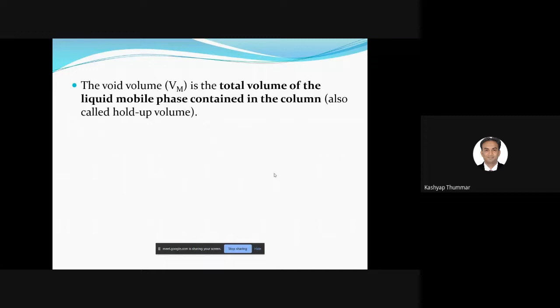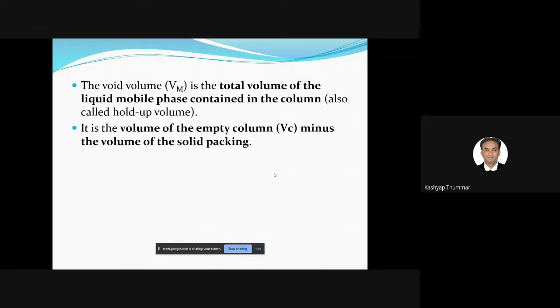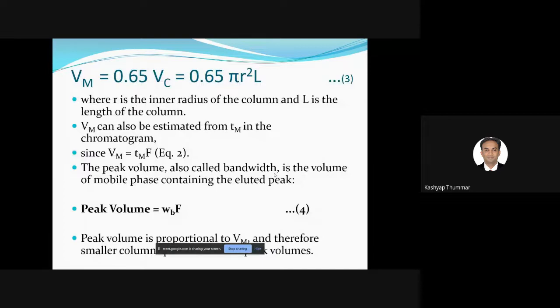The void volume Vm is the total volume of the liquid mobile phase contained in the column, also called the holdup volume. It is the volume of the empty column minus the volume of the solid packing. Note that Vm is the sum of the intraparticle volume V0 and the interstitial volume Vc inside the pores of the solid support. For most columns, the void volume can be estimated by equation number 3.